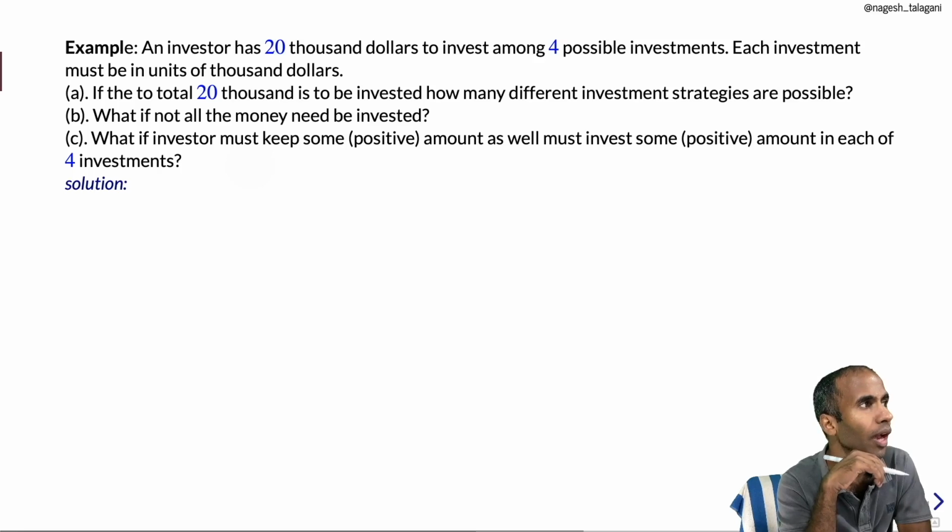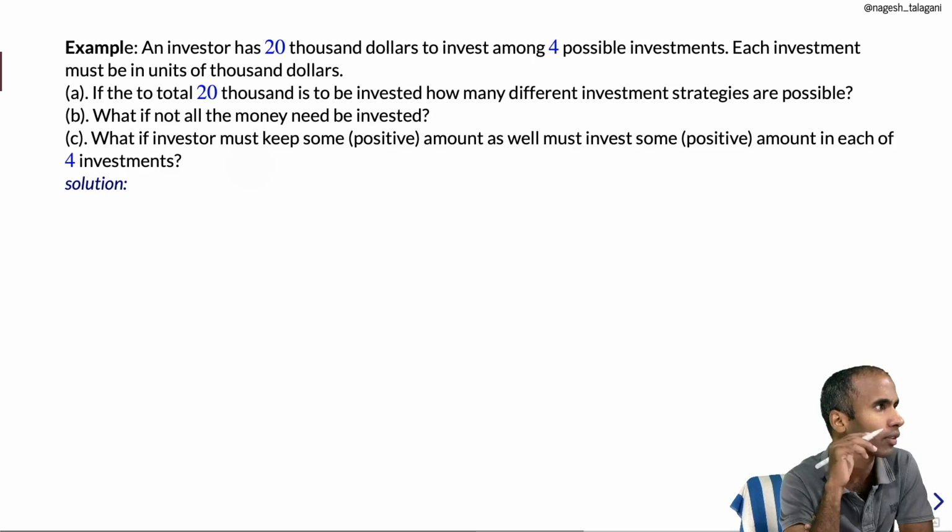Example. An investor has $20,000 to invest among 4 possible investments. Each investment must be in units of $1,000. Question A. If the total $20,000 is to be invested, how many different investment strategies are possible?